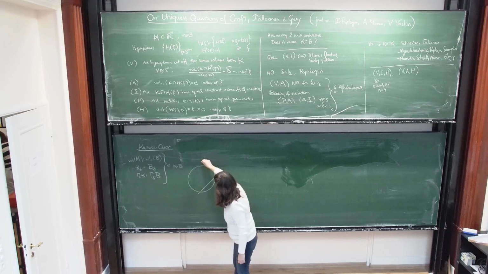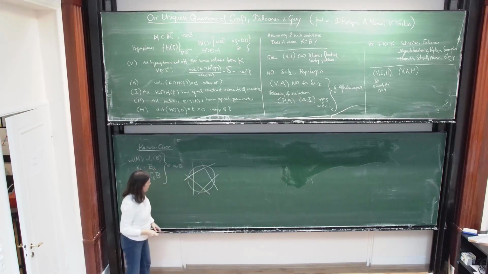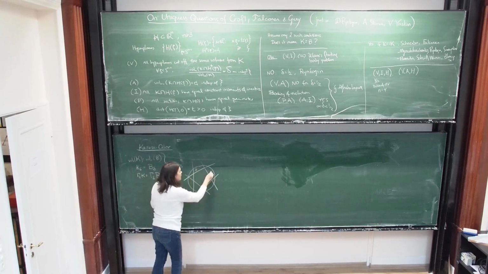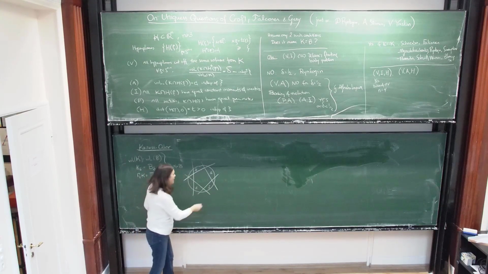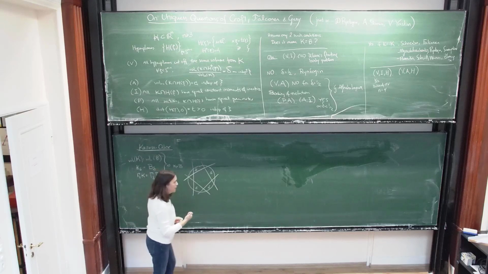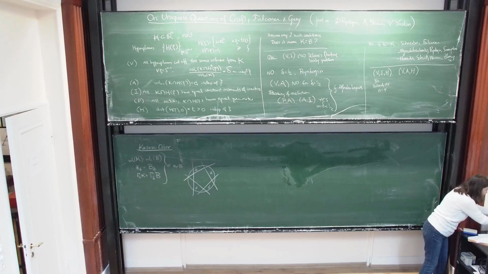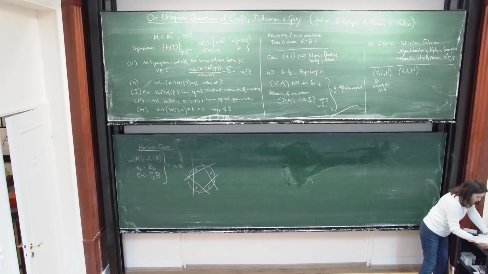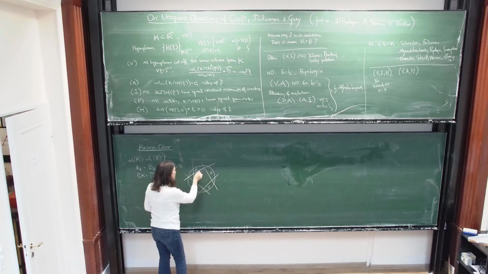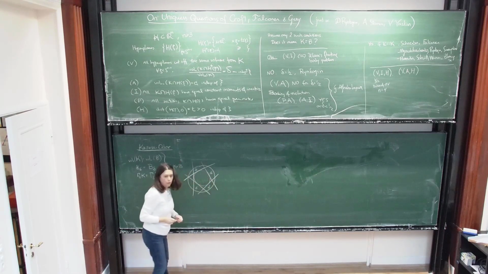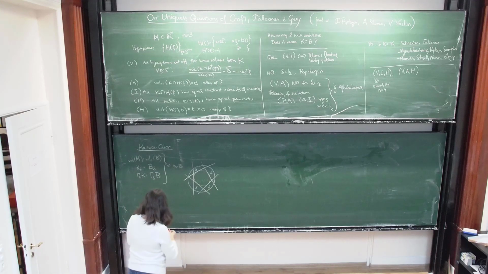So you have your collection of hyperplanes chopping off the same proportion delta of the volume. The floating body is the envelope of your collection of hyperplanes, and that's going to be sufficient for our purposes. So this is K delta.